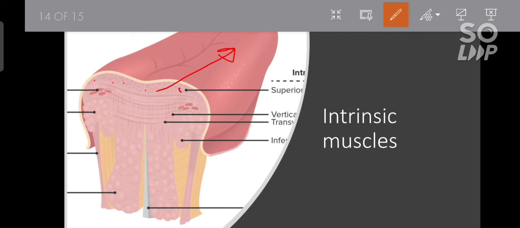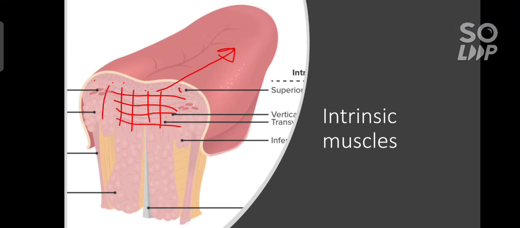Look at the transverse lines here in the photo. They refer to the transverse fibers, and look at the vertical lines here in the photo, which refer to the vertical fibers. So we have finished talking about the intrinsic muscles and extrinsic muscles of the tongue.